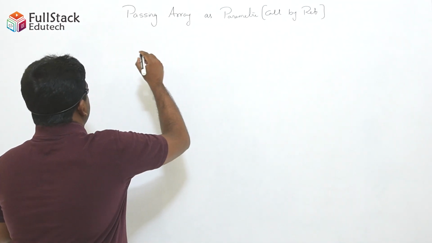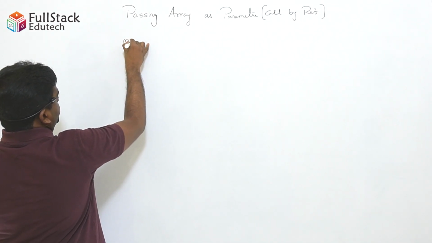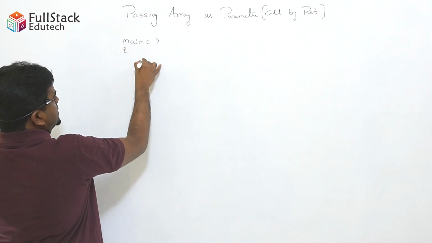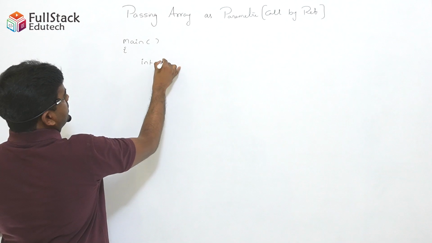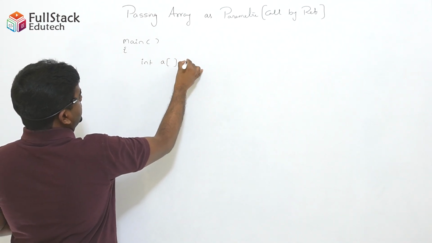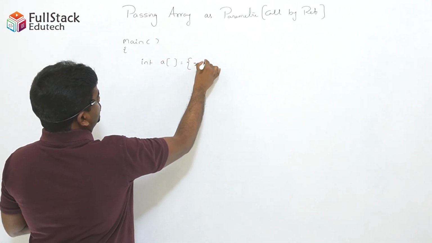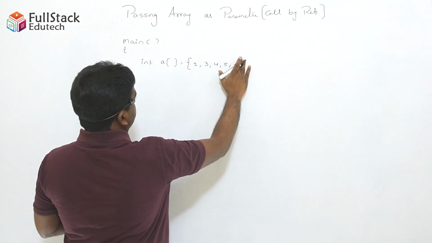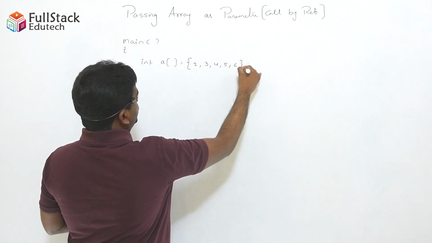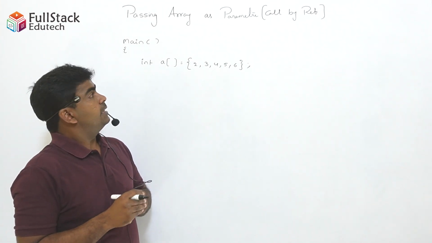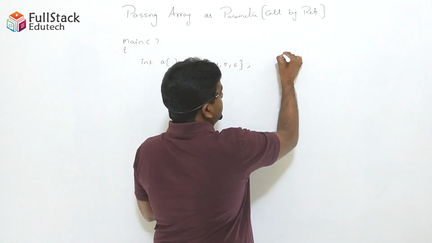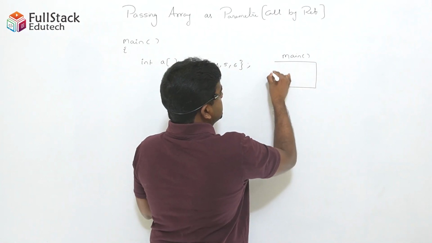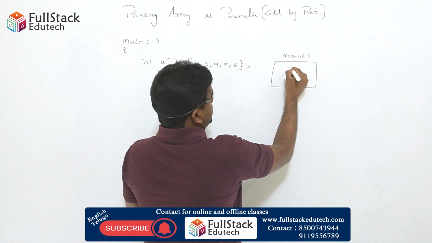See, in the main function I'm taking one integer array, suppose with the values 2, 3, 4, 5, 6. Now this will get memory. Main will get memory allocation, and inside that, A will get memory.